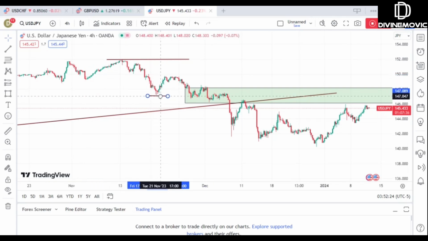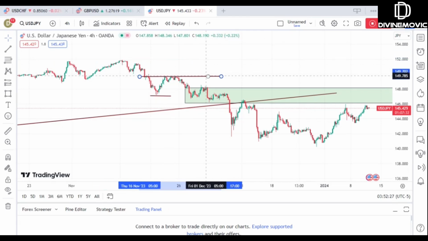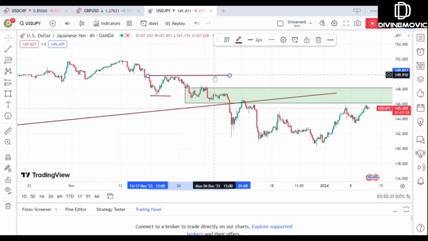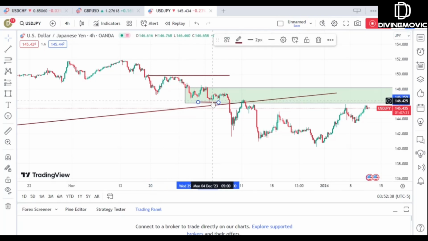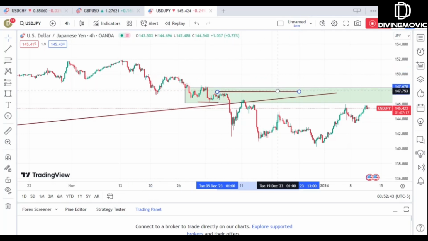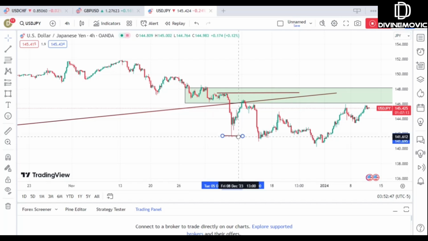This low gives us this high, and this high gives us this low. This high gives us this low.